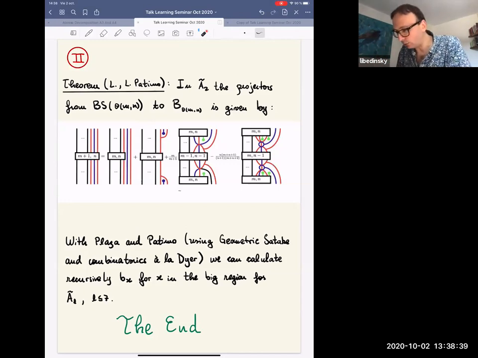So we would like to find similar formulas in the relevant cases. And in the big regions, with David and Leonardo Patimo, using geometric Satake and combinatorics a la Dyer, we are able to calculate recursively B_x for x in the big region for A_L tilde with L less than or equal to 7.